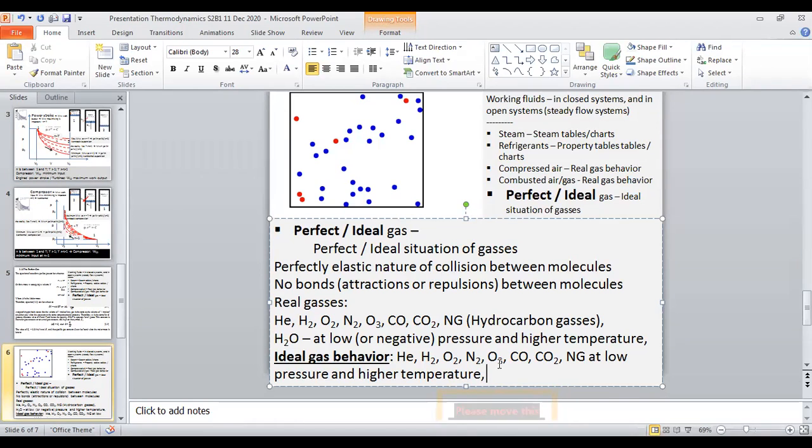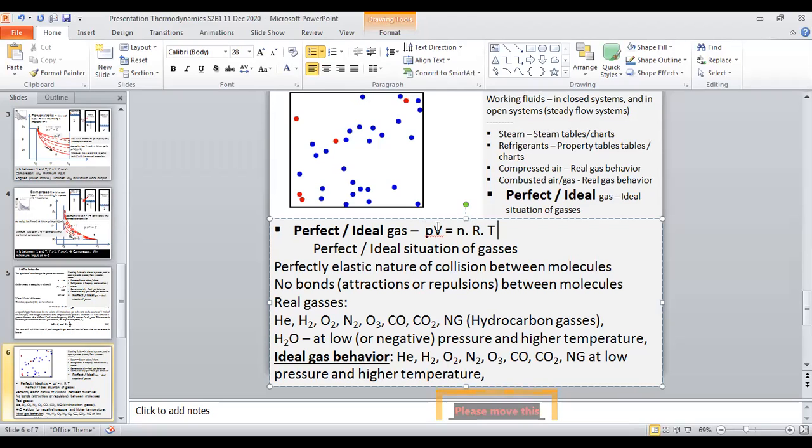So that can be ideal nature. For a perfect ideal gas, there is an equation: pressure times volume is equal to the number of molecules times a constant and temperature. We call this the ideal gas equation.